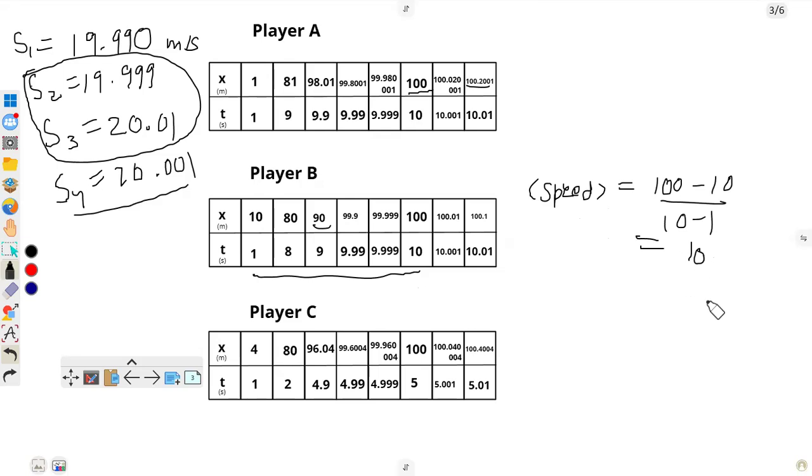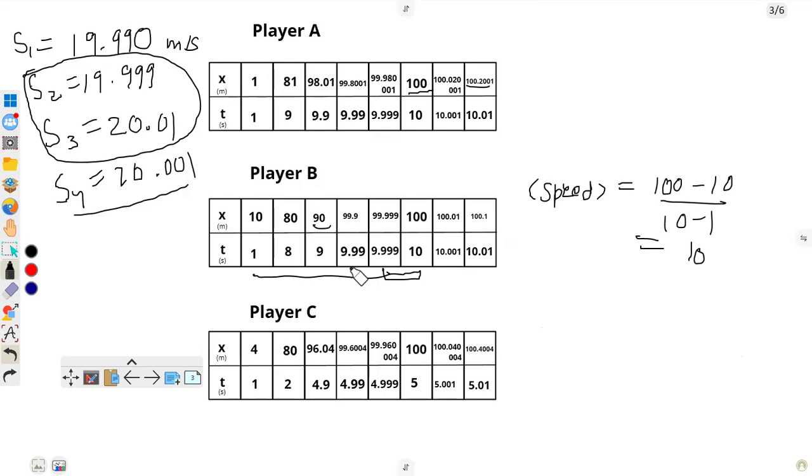So our speed turns out to be 10. Okay, but maybe it's just the average. It's still the average speed of the whole journey, right? We should maybe try to find the average speed during closer time intervals, closer to t is equal to 10. So let's try that.